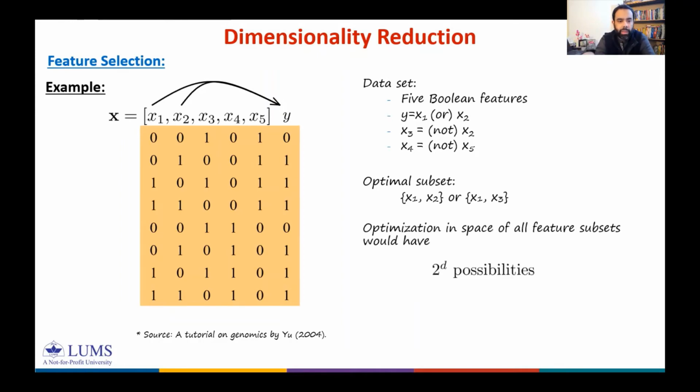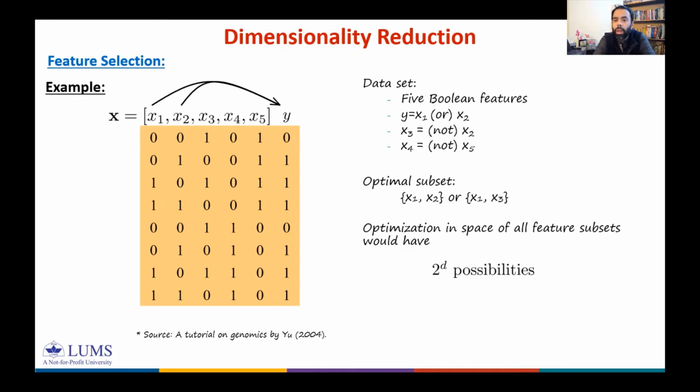So simply from set theory, I can say that if we have d number of features in the input, I can have 2 raised to power d possibilities of subsets. So when d grows, this number grows exponentially.